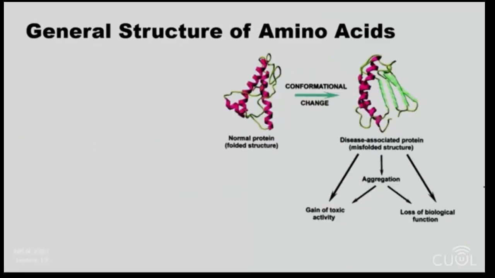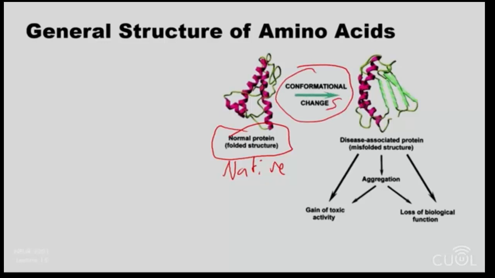So here we go. We have this general structure. I've already kind of covered a bit of this, but we'll just keep covering it again. So we have the normal protein folded structure, and we'll call that the native conformation. And that can go through conformational changes, right?